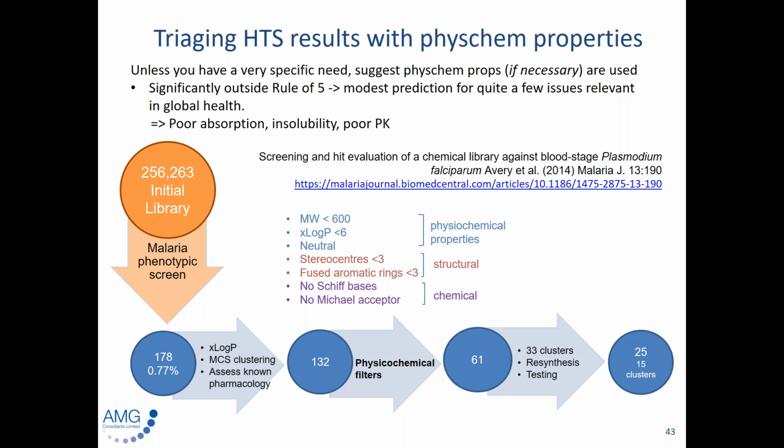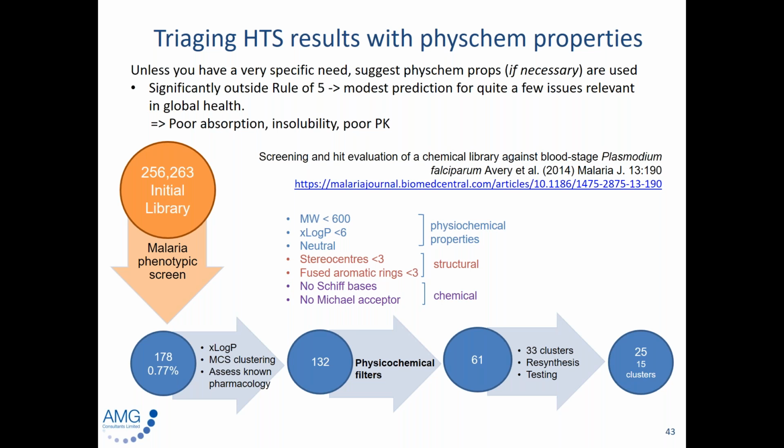This is a paper which I would recommend from the MMV group, looking at an HTS triage, and as one of the steps in their triage they used quite a generous cutoff of molecular weight 600 and xlogP of 6, and you can see some other things in there.